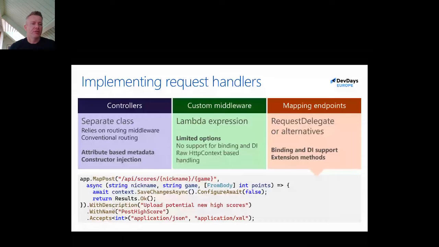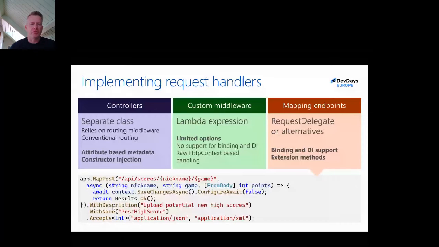And we have a return type that is now IResult, and it uses a results factory to make it easier to return an actual implementation of IResult. And then finally, we have extension methods for metadata, which in the controller world would be done with attributes, and now we're doing it with these extension methods.